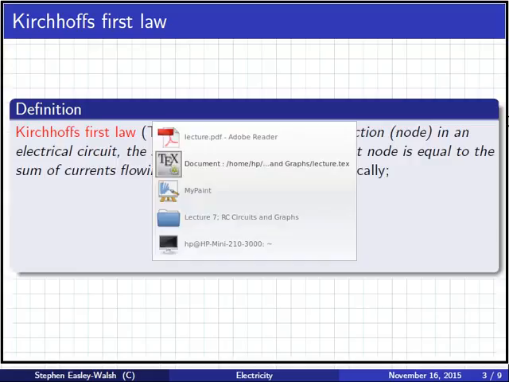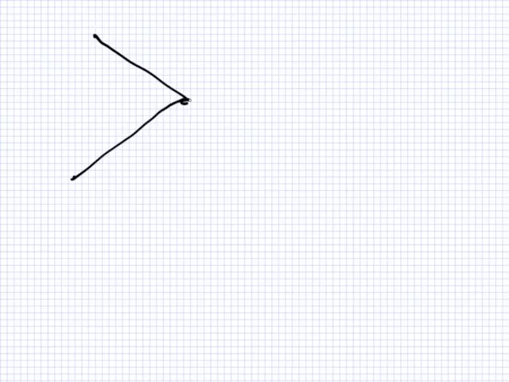Okay, so let's explain what Kirchhoff means. Kirchhoff, our friend. What Kirchhoff said is the current that goes in here, we'll call it I1 and I2, equals the current that comes out.